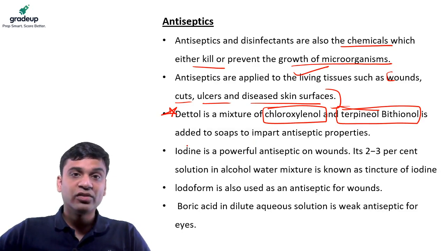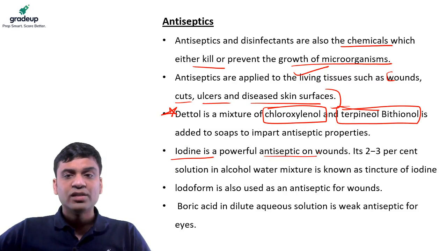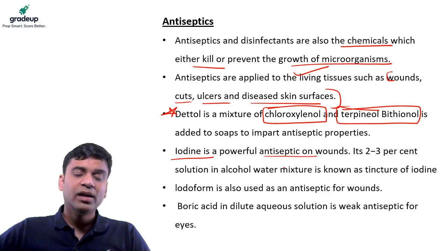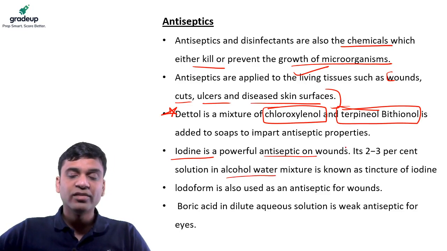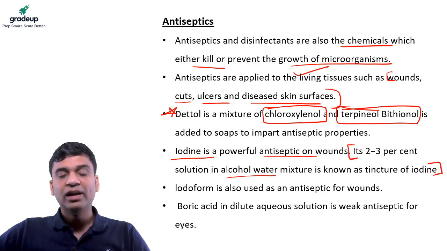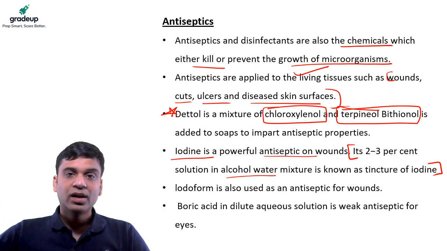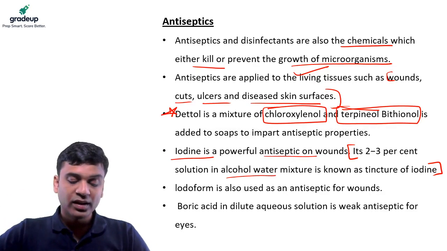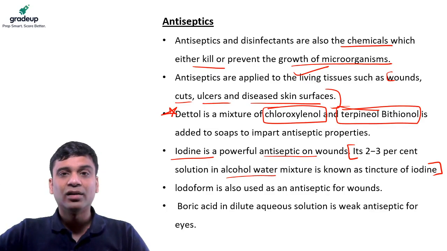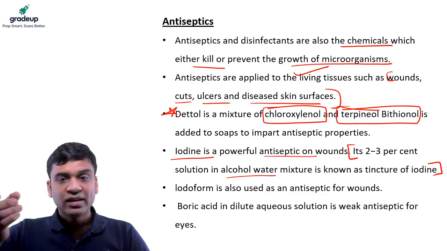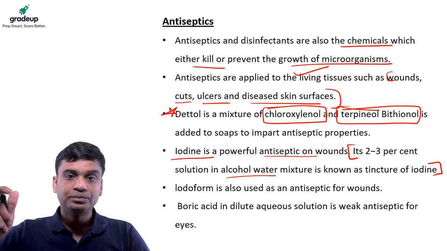And similarly, as we discussed previously, iodine. Iodine is a powerful antiseptic on wounds. Just 2 to 3% iodine in an alcohol-water mixture is called tincture of iodine. Earlier, during World War I and World War II, this tincture of iodine was very famous. For example, when soldiers got their hands cut or got wounds in the war, tincture of iodine was prominently used.